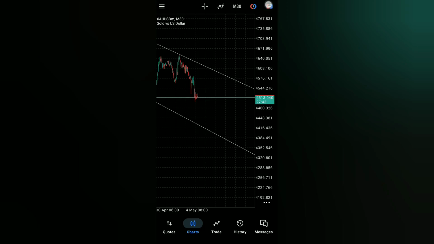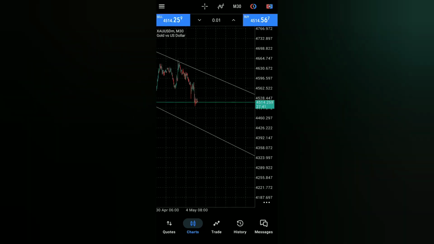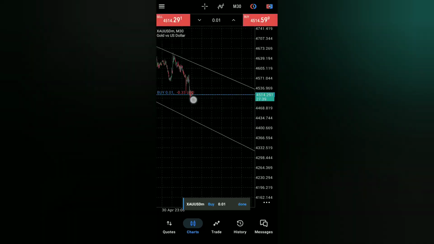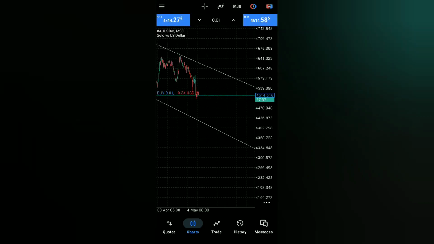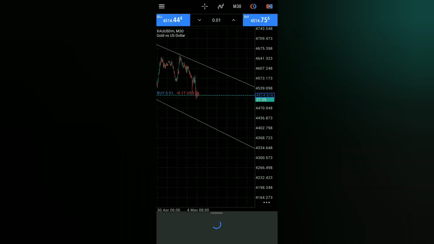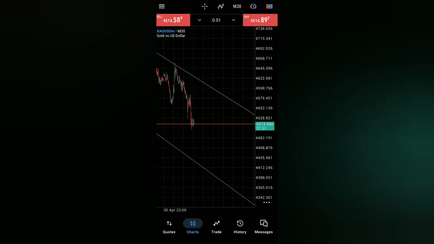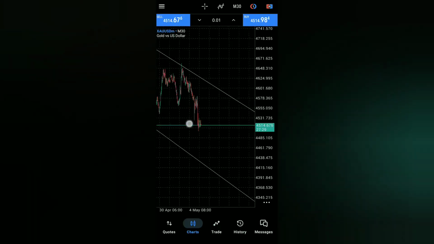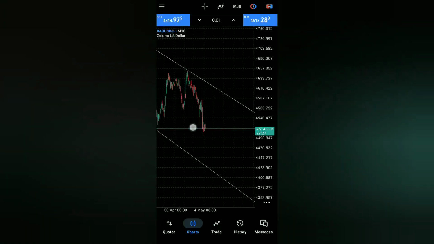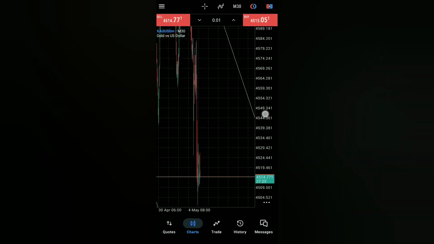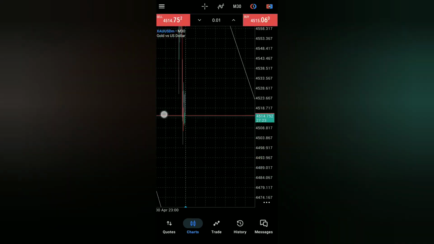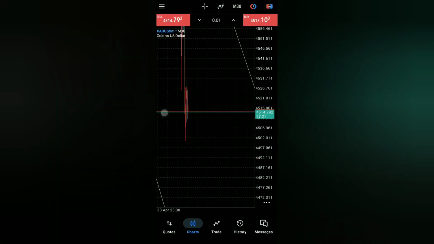If I come to this place now and click buy, I bought at this blue line. Let me close this back. This is a demo account. You see this horizontal line?